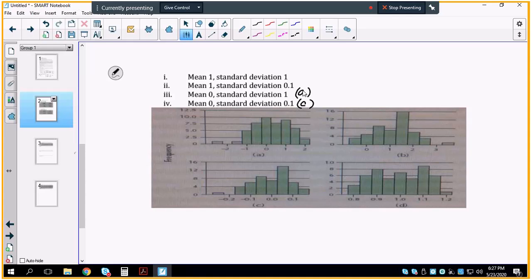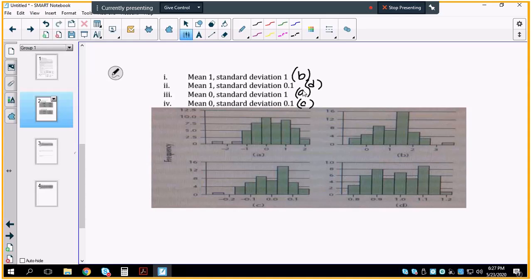Similarly, the range in B is from -1 to 4, so larger range than the range in D, which is 0.8 to 1.2. So both of them are mean 1 situation, but the variation in the data in B is larger. So that should be the standard deviation 1 situation, and D should be the standard deviation 0.1 situation.